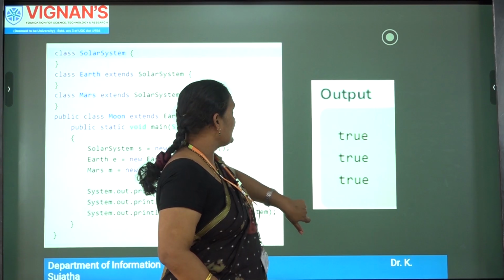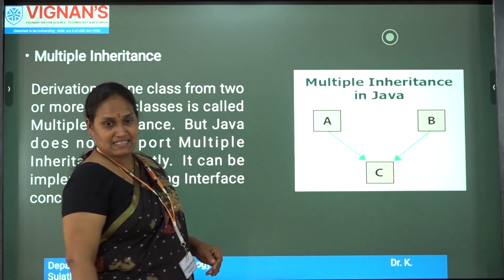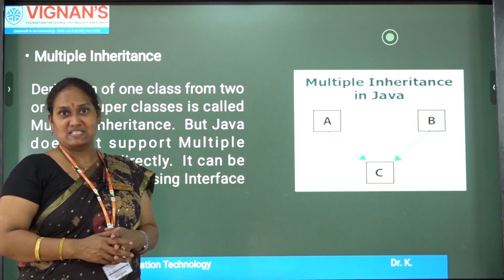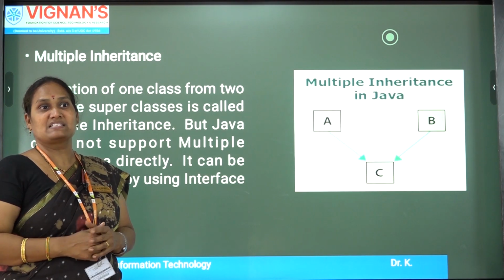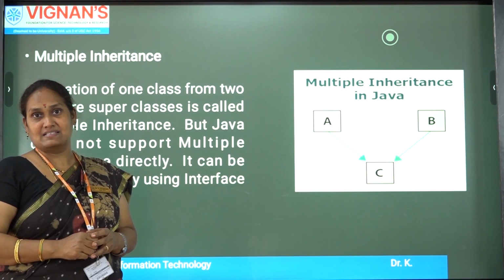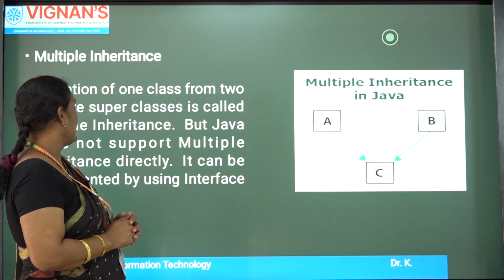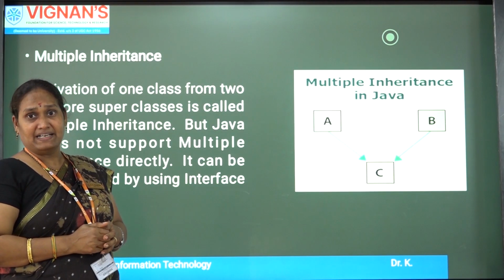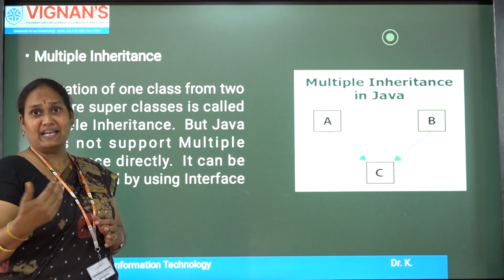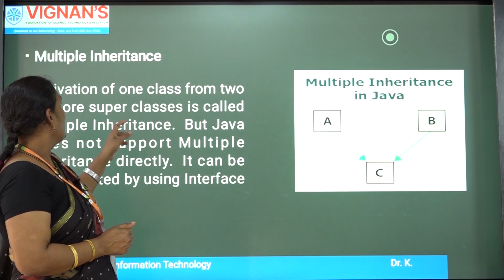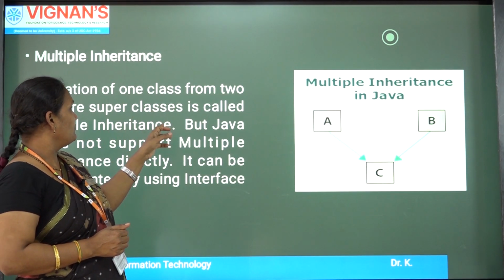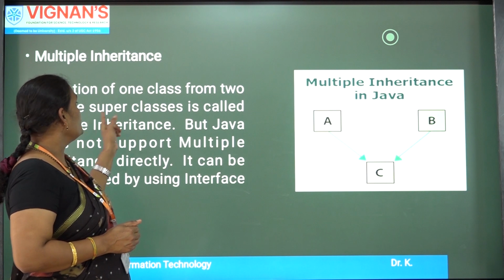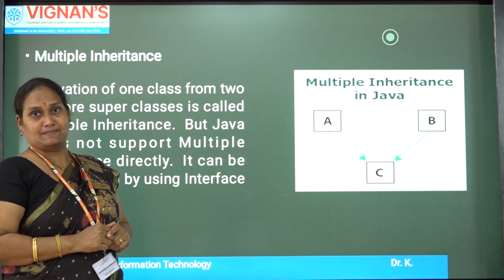Now we are going to see one more inheritance which cannot be possible using classes and which can be possible using interfaces. That is multiple inheritance. What is multiple inheritance here? How can we define multiple inheritance? Derivation of one from two or more superclasses.